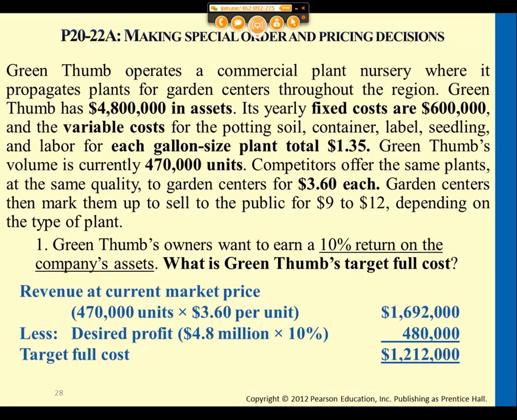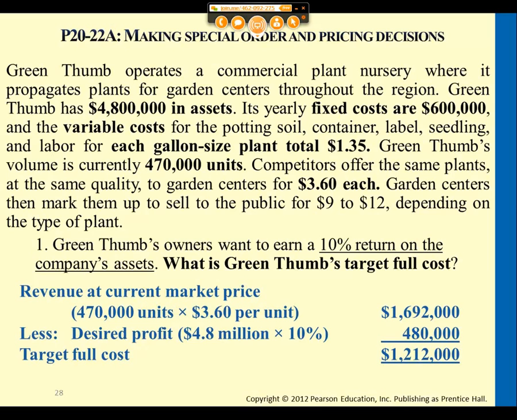So how do we find our revenue? We take 470 units, the current volume produced, and multiply it by the market price, 3.6. That tells us the revenue at market price should be 1,692,000. Then we need to calculate desired profit.